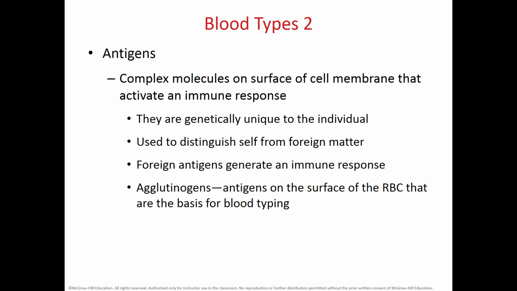These antigens are usually used by the immune system to distinguish self-antigens from foreign antigens or foreign matter. The foreign antigens will generate an immune response, while the self-antigens will not. And agglutinogens is the specific name of the antigens found on the surface of the red blood cells, and this provides the basis for blood typing.